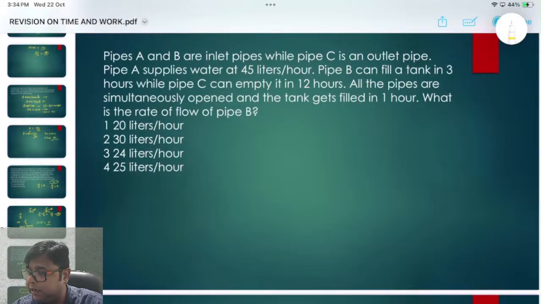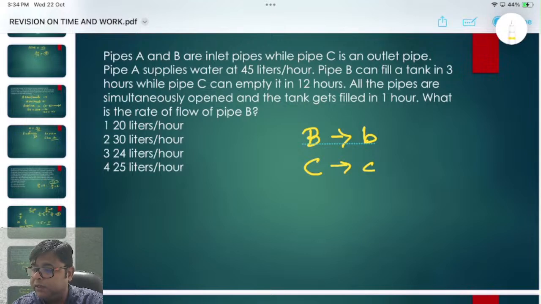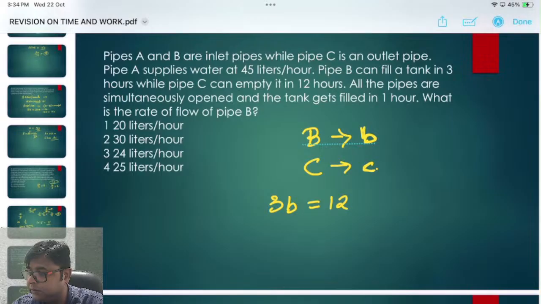So let the capacity of B be B liters and that of C be small c. These are the efficiencies. So what is the capacity of the tank? 3B, which is also equal to 12C.